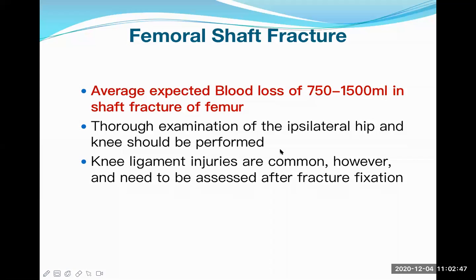Thorough examination of the ipsilateral hip and knee should be performed. This is the principle of examination, isn't it? The joint above and below has to be examined properly, and when we take the X-ray, those two joints have to be included. Knee ligament injuries are common, however, and need to be assessed after fracture fixation.